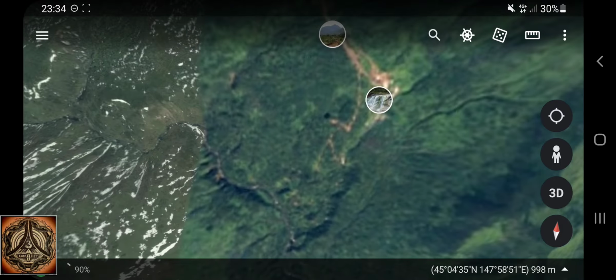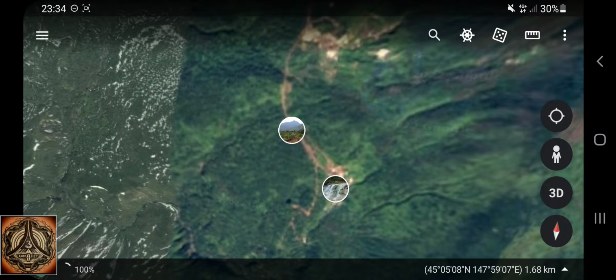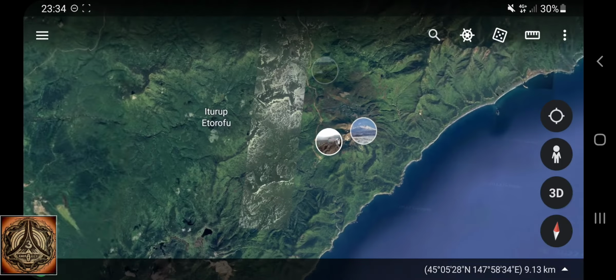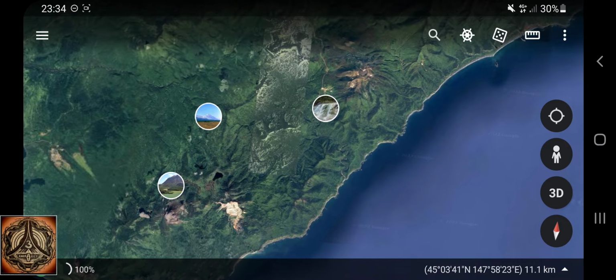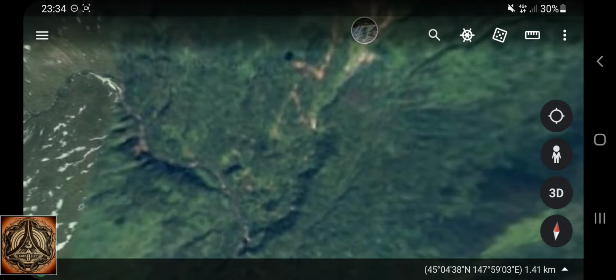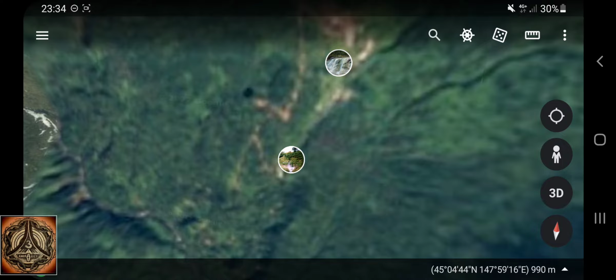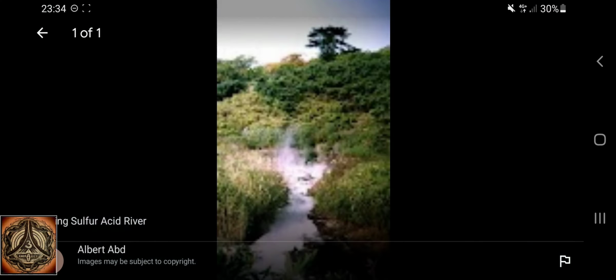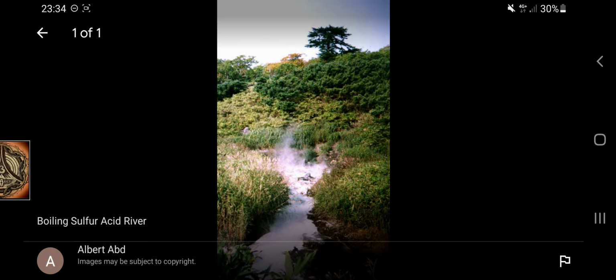But anyway, we have valleys and there are pictures. And that's not the same volcano. This is the white patch, but I went over to the right. And then if you zoom in a bit, there are those pictures. And this one with a really nice title, Boiling Sulfur Acid River.